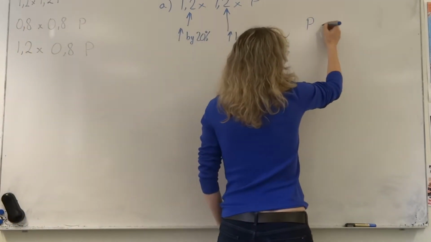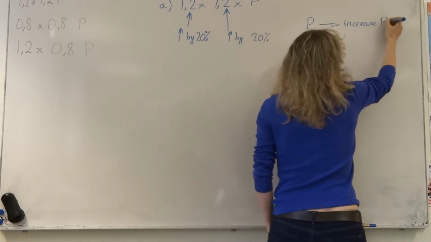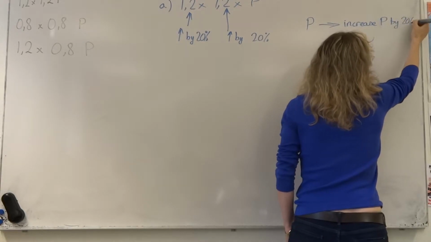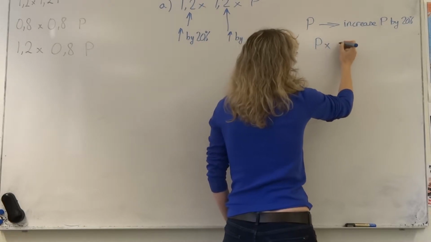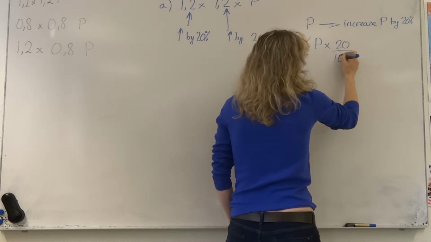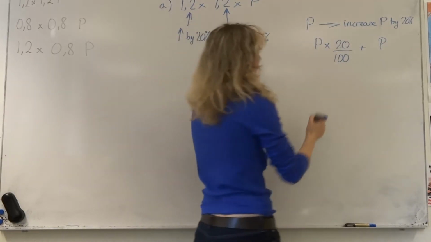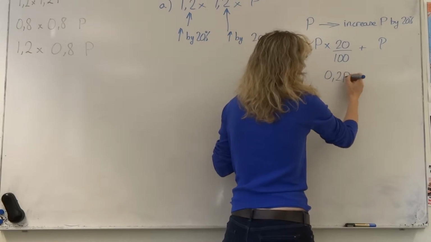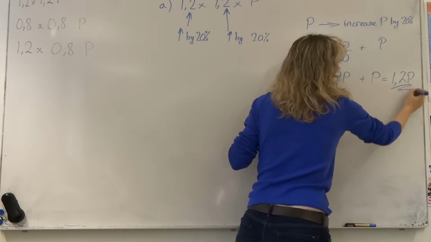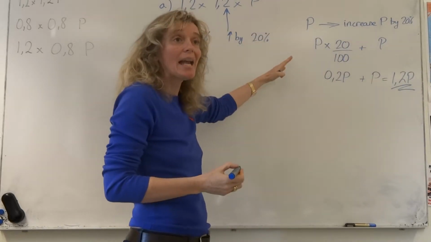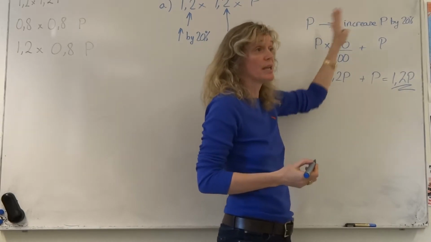If we had P and we increased P by 20%, that would be the same as P times 20% plus the original price P. That's the same as 0.2P plus the original P you have. It gives you 1.2P.